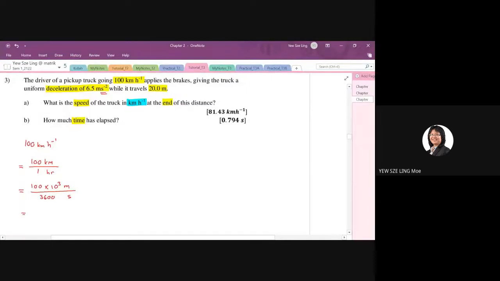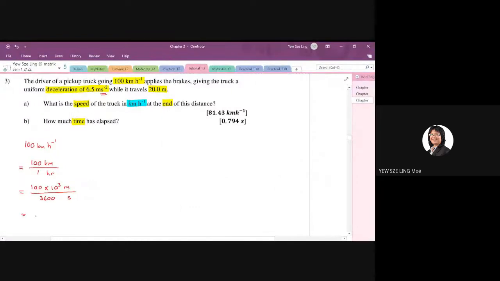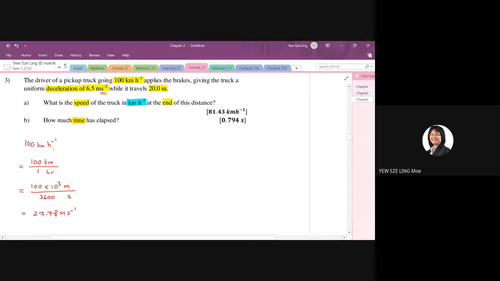So eventually you are going to get a value which is equal to, let me see, 27.78 meter per second. Okay, so this is a unit conversion for km per hour. You need to convert it first so that you can solve it.